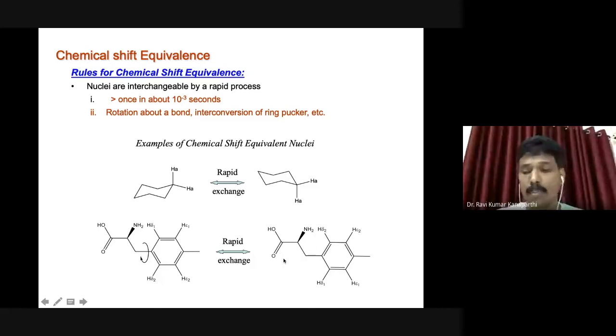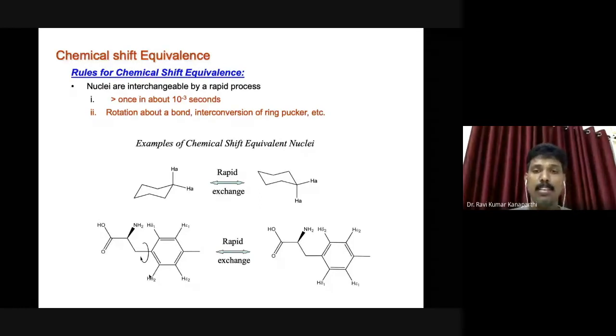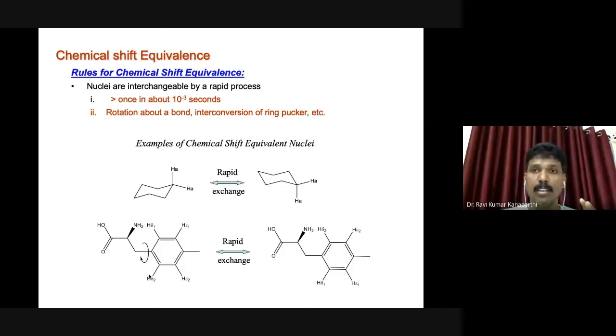You will see one peak, but when you lower the temperature, this CC bond rotation will be slowed down. As a result, one can get two different peaks. So please remember that if two nuclei are said to be equivalent, they should be the same kind, with the same chemical shift value, and they must be interchangeable with any of the symmetry elements like rotation, reflection, and so on. Then we say such nuclei are chemical shift equivalent.